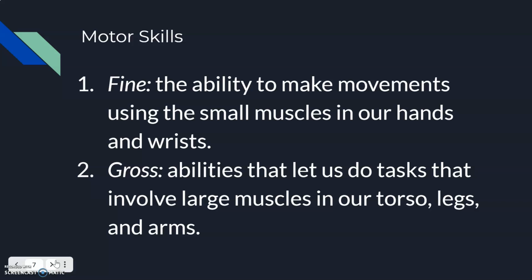Gross motor skills, on the other hand, are the abilities that let us do tasks that involve the larger muscles in our body. This includes our torso, legs, arms, usually helping us travel, to walk, to express ourselves. These are the bigger movements that can be noticed within the classroom.